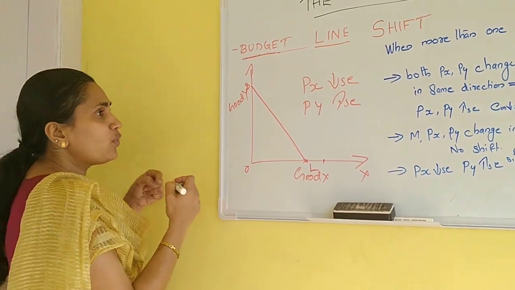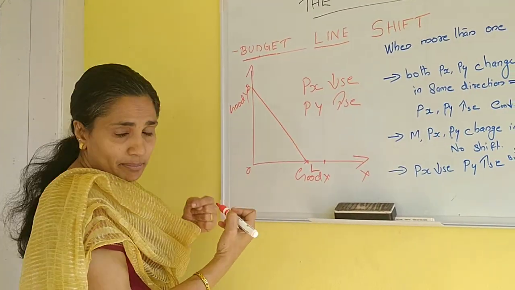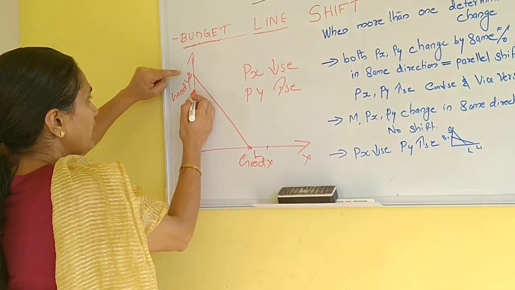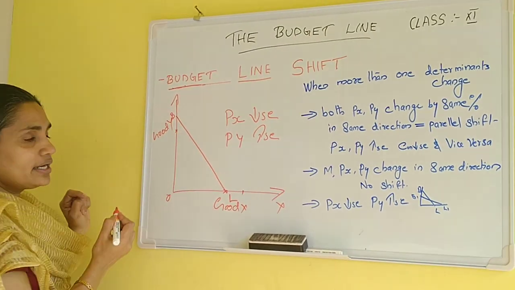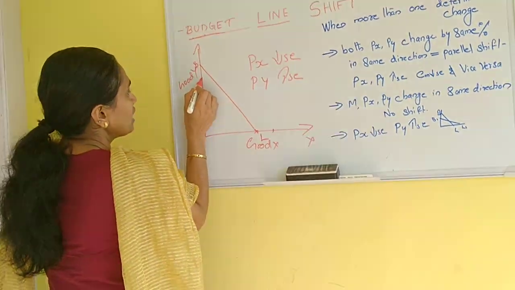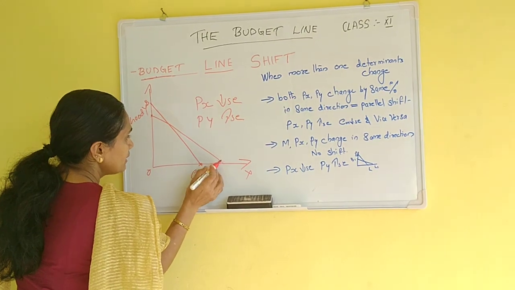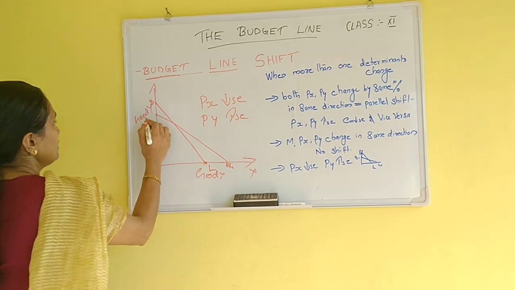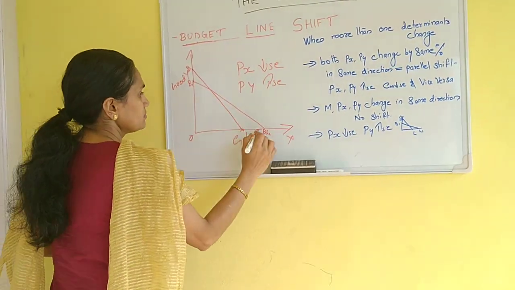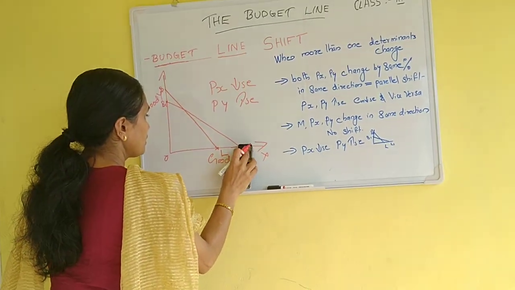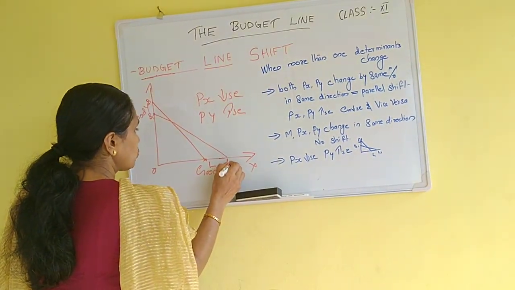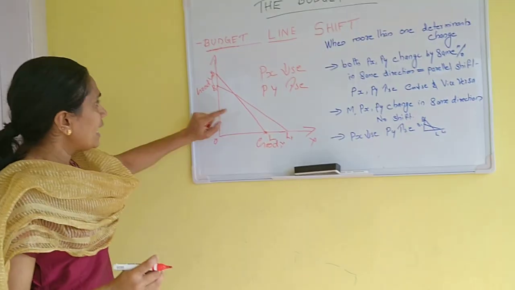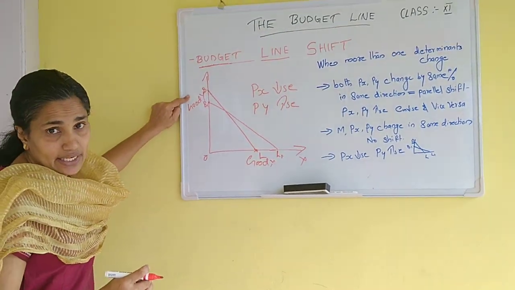But the price of Y increases, so the consumption of Y will decrease. So what about the shape of the budget line? This is the new budget line. See the change. This budget line shows when the price of X decreases and the price of Y increases.